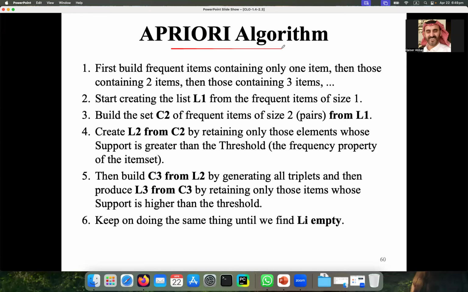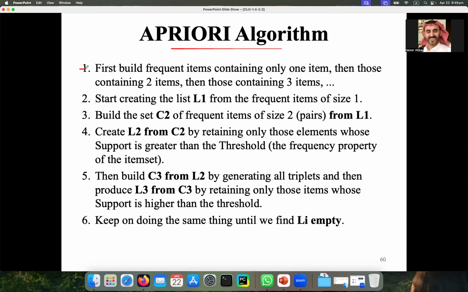If the question comes in the final exam, it will take your time in repetition, and then the other questions will remain unsolved and your marks will be deducted. This is a very tricky question. This is the only trick that teachers normally have: they will give you some lengthy questions so that you cannot solve the other questions. Anyhow, the Apriori algorithm.